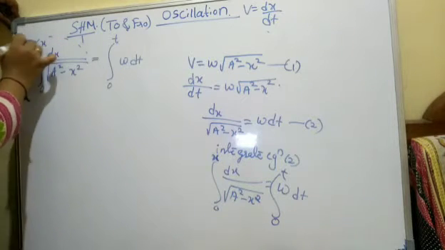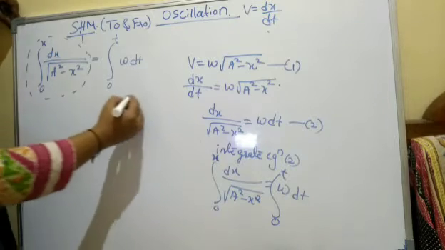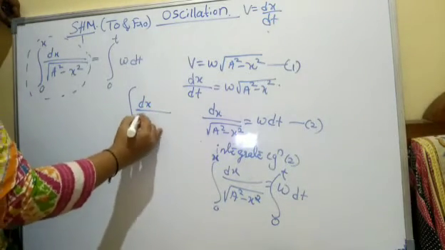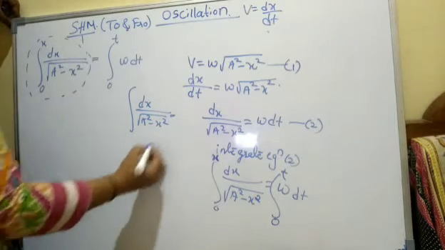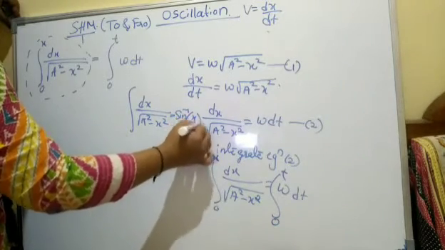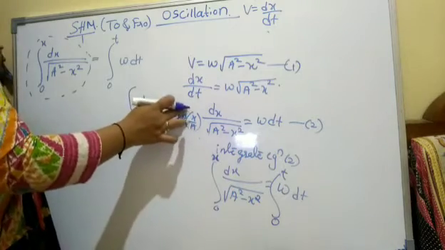Can you see this form? This is a general form of integration. Integration of dx by root of a square minus x square can be written as sine inverse of x by a. We can write it directly; we can't derive this expression here.